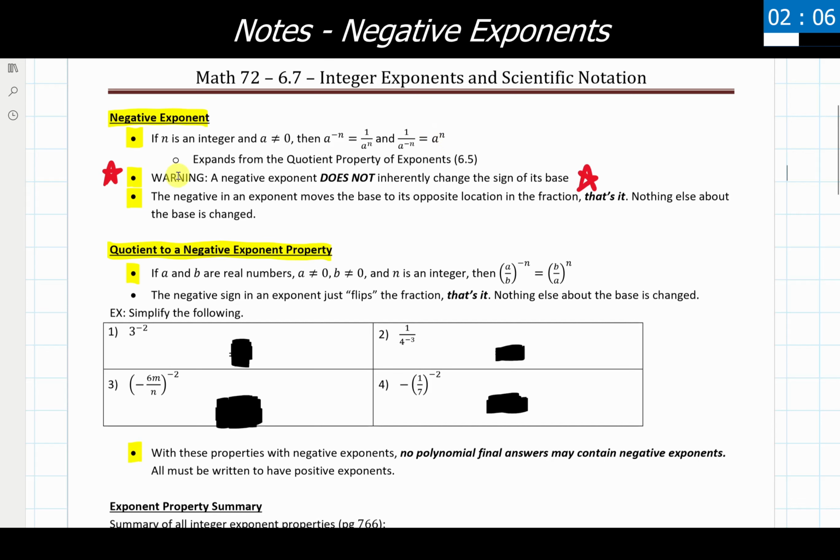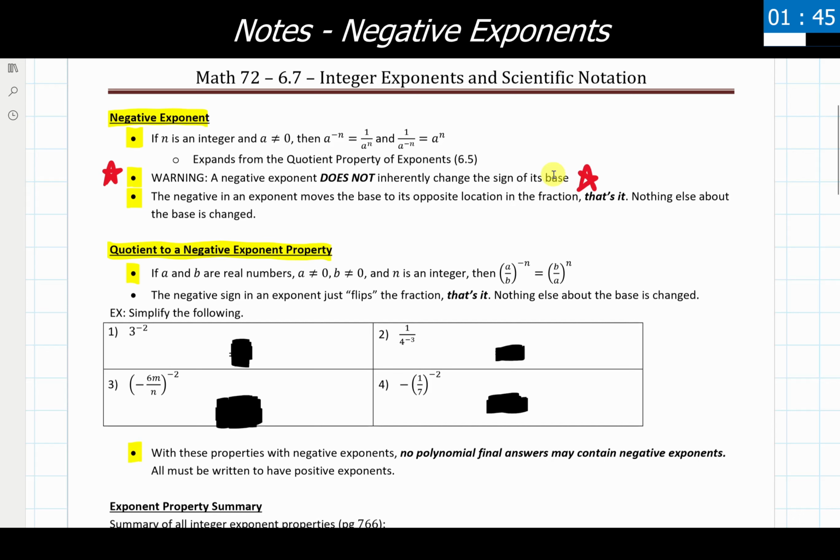So with this, I want to give a massive warning. If you are taking notes, I would recommend putting a big red star, warning, highlight, circle, whatever you need to do with this. A negative exponent does not inherently change the sign of its base.